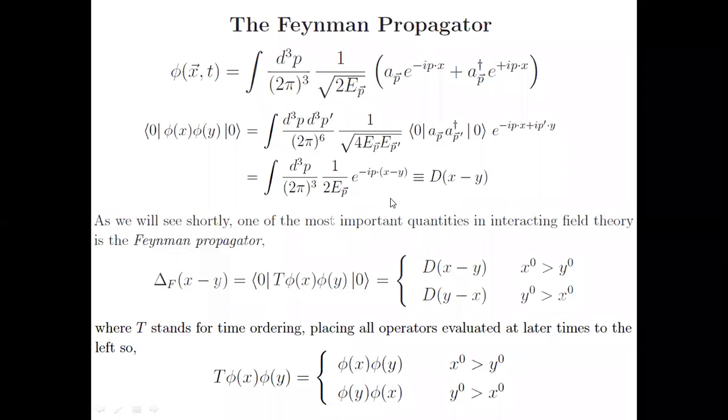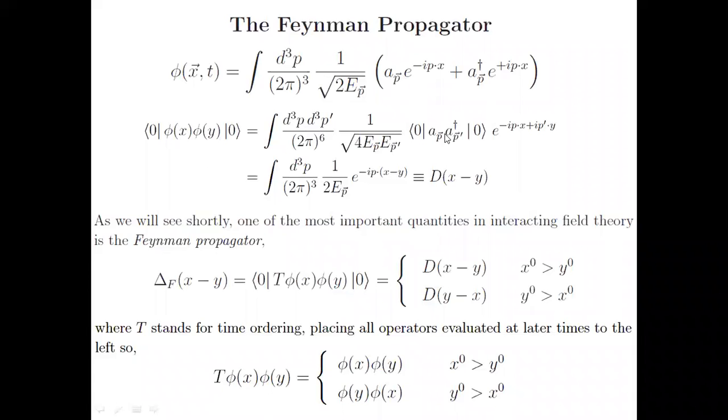See, there are two operators, one is a_p and the other is a_p dagger. If we take the product of phi x and phi y, and we take two integration variables p and p prime for x and y, then only a_p and a_p prime dagger will contribute to this inner product.